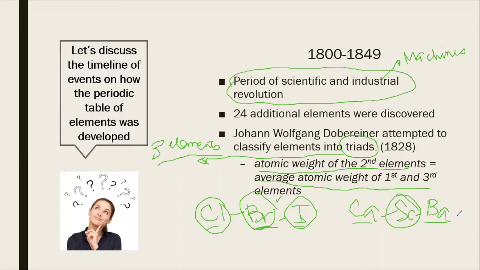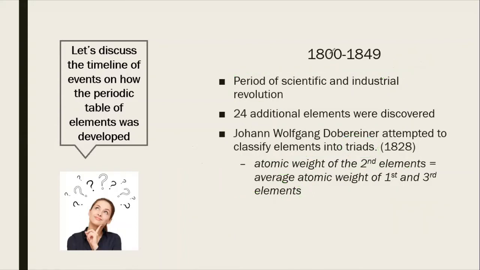So pag inadd mo daw yan at dinivide mo sa 2, you will get the average of the atomic mass of strontium. So yun yung pinaka main concept ng triads. They get their similar properties together and put as triads. So that happens during the 1800s to 1849, and it's all because of Dobereiner.